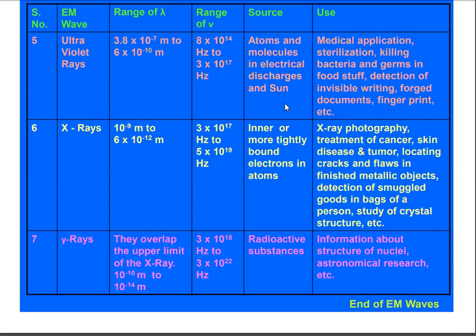X-ray photography is used in scanning bones and fractures. It is also used in the treatment of cancer, skin disease and tumors. Doctors and experts use this. It is used for locating cracks and flaws in finished metallic objects. If there are fine cracks present in a metallic object, one can detect them with the help of X-rays.